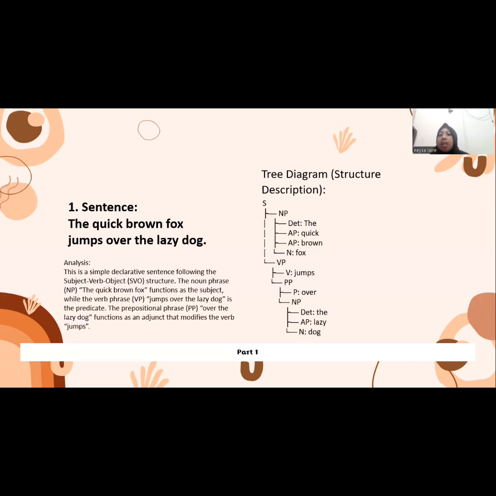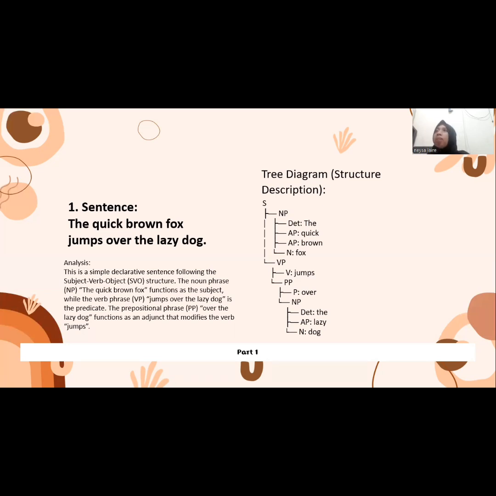Analysis. This is a simple declarative sentence following the subject, verb, object (SVO) structure. The noun phrase (NP) the quick brown fox functions as the subject, while the verb phrase (VP) jumps over the lazy dog is the predicate.